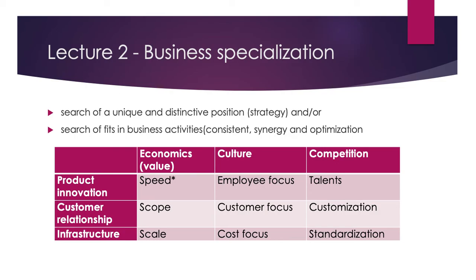Culture, employee focus: are your employees equipped with the necessary skills to develop this product? And talent: you need people with special talent, for example, design. Customer relationship: the scope, the type of customer, also the focus, and also customization.